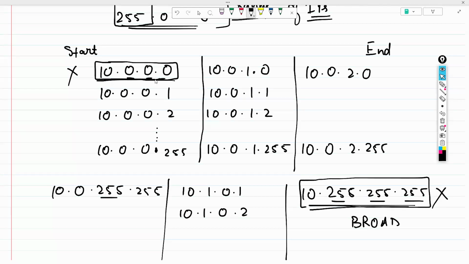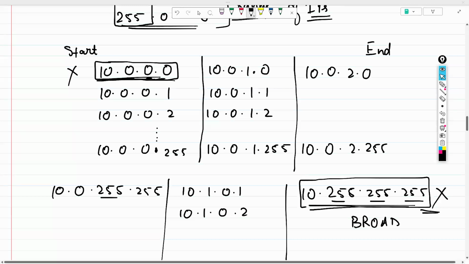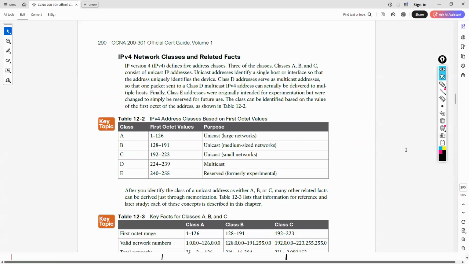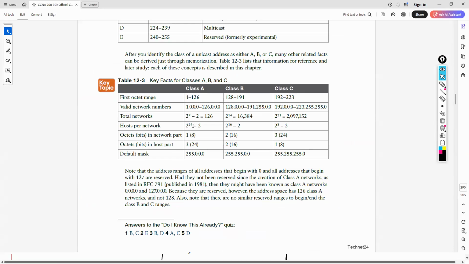So this 0.0.0 IP address and this broadcast IP address are the two IP addresses which cannot be assigned. Because they cannot be assigned, it is minus 2 over here.